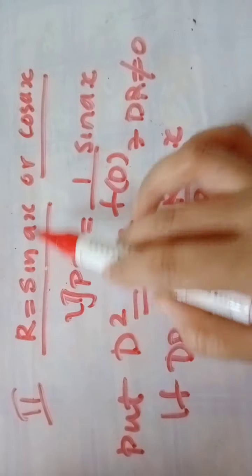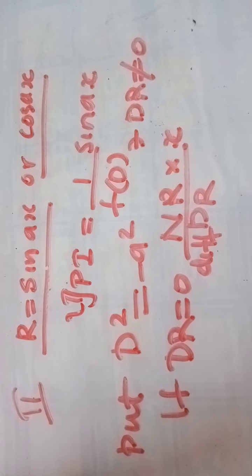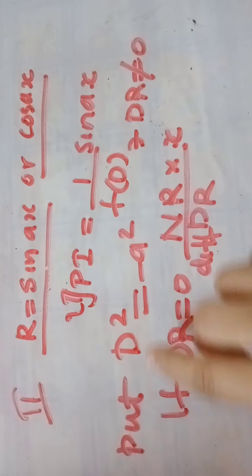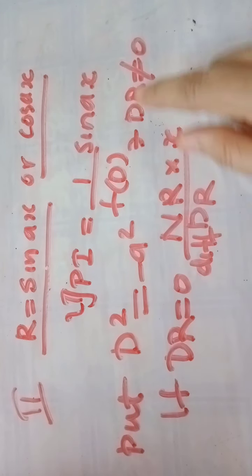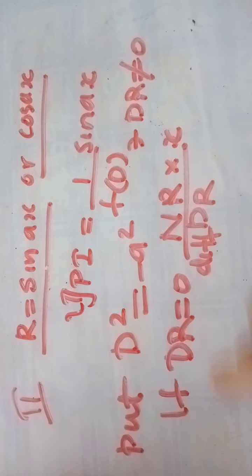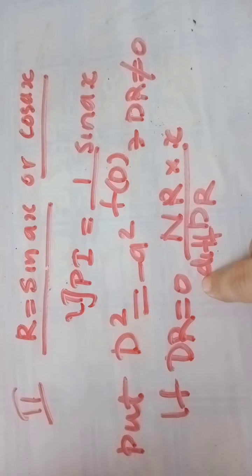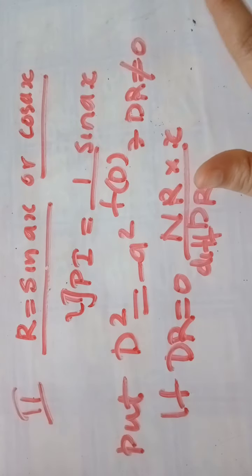To find the y particular integral, we follow this method: D square is equal to minus a square, provided the denominator is not equal to 0. If the denominator is equal to 0, multiply the numerator with x and differentiate the denominator. This is the method we have to follow.